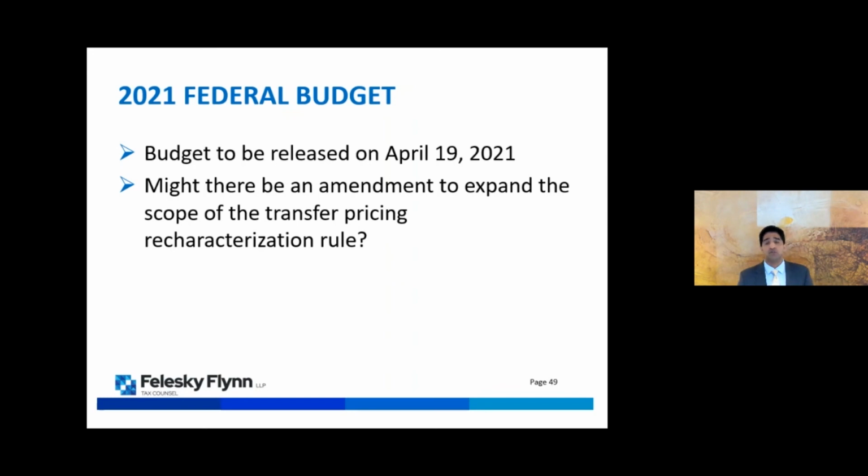And if that does come through, that's going to change the landscape for transfer pricing in Canada. And we've discussed elsewhere in past presentations and in a paper we wrote earlier, some of the adverse effects of that, greater potential risk of double taxation where two different states can't agree on the same recharacterization or characterization of a transaction.